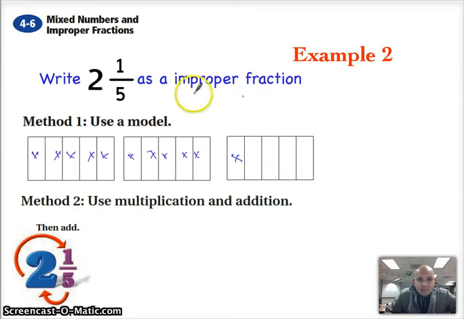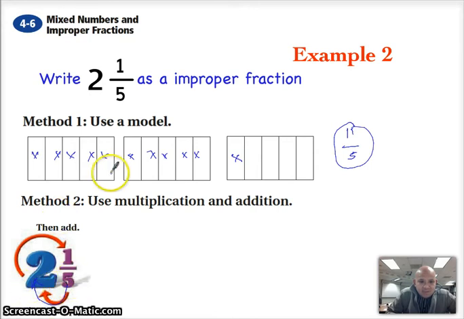And now what I do in order to convert this to an improper fraction is to count. I have 1, 2, 3, 4, 5, 10, 11. 11/5 is my improper fraction. Now you can do this with another method, a shortcut method, where you use multiplication and addition. In other words, you take 2 and 1/5 and you multiply 5 times 2 and then add 1.